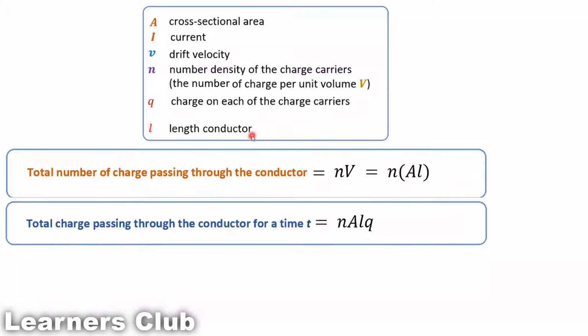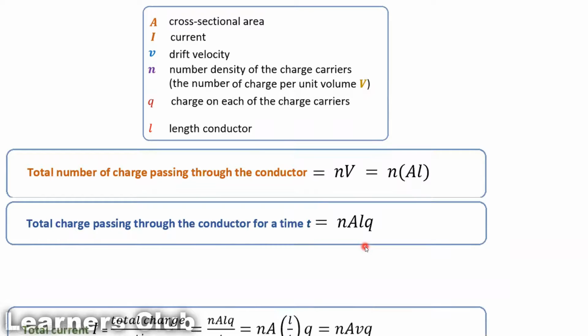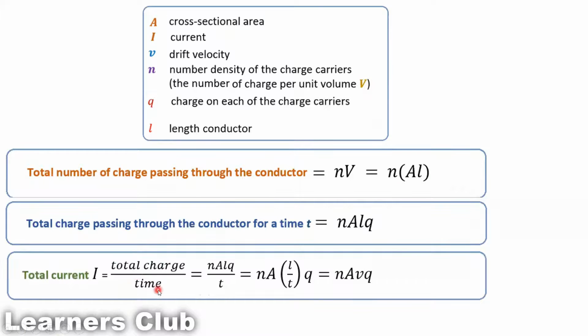As you can see, one charge carrier will have q charge. If I have nAL charge carriers, to find the total charge I have to multiply the number of charge carriers by the amount of charge. Therefore, the total charge is nALq. The current is equal to total charge over time.